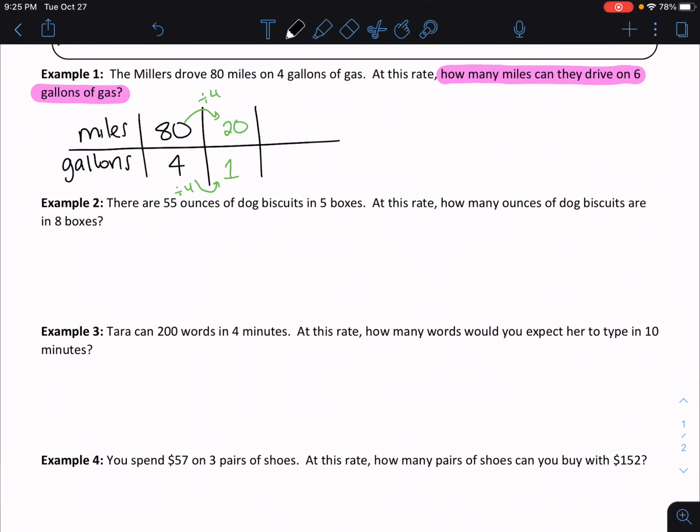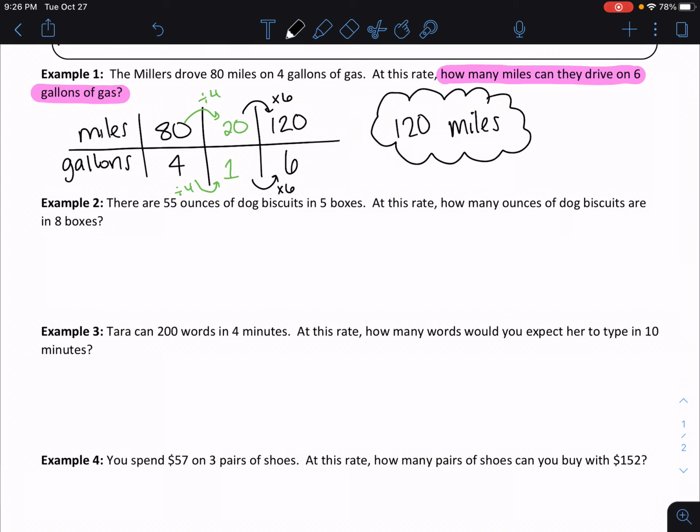And then I'm trying to get to 6 gallons of gas. So I'm going to multiply by 6. And I get 120. So it's going to be 120 miles. So here's the rate. This is the unit rate. And then I used that to answer the question.